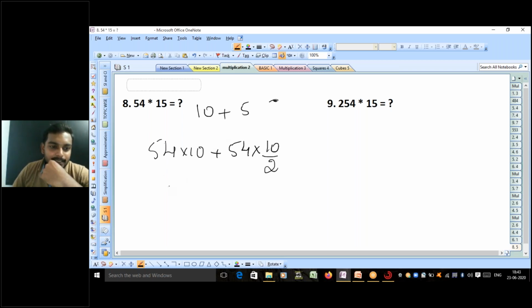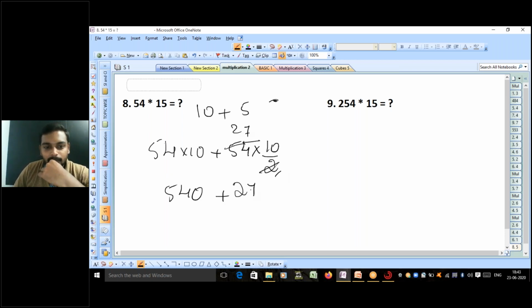So 54 into 10 is nothing but 540, plus half of it, 270. If you add these numbers, the resultant is 810. So the answer is 810.